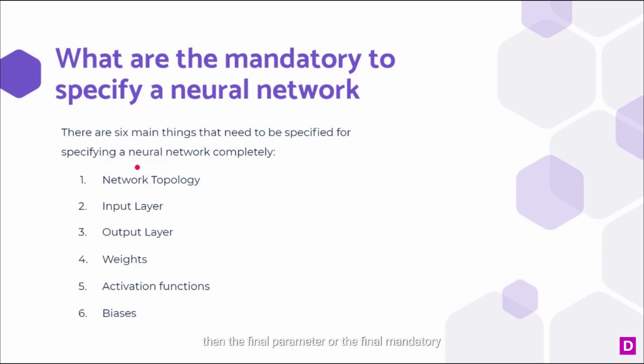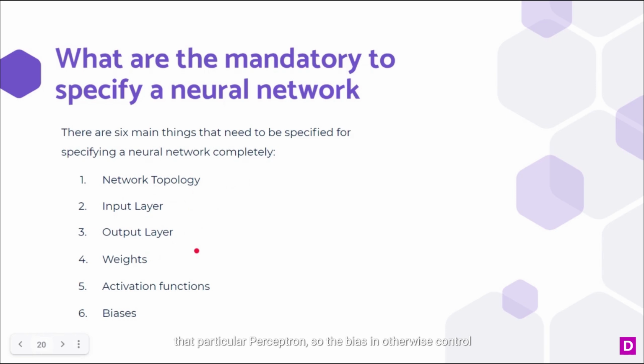Then the final mandatory requirement when it comes to defining a neural network is biases. Biases are also termed thresholds. This is a very important factor in the activation or triggering of a given perceptron. If the bias is very high for a given perceptron, it takes a considerable amount of input signal to activate that perceptron.